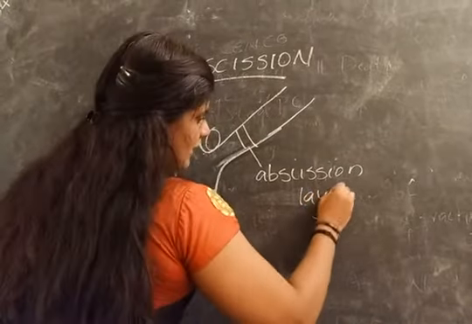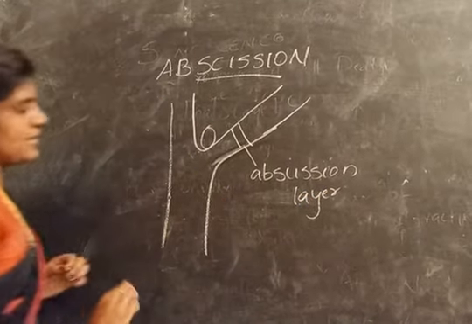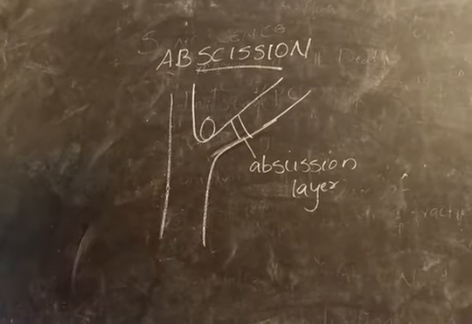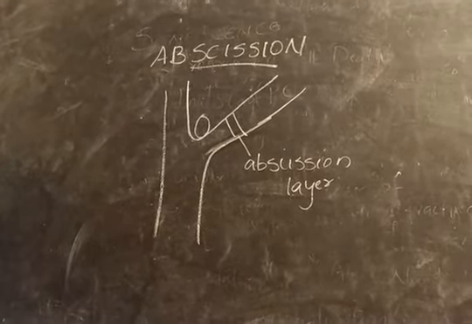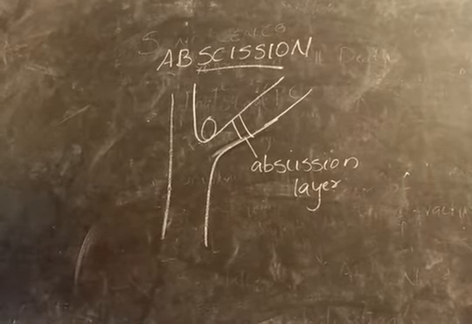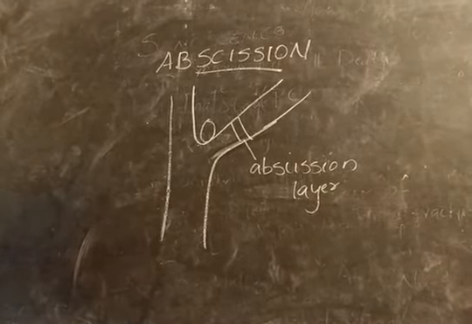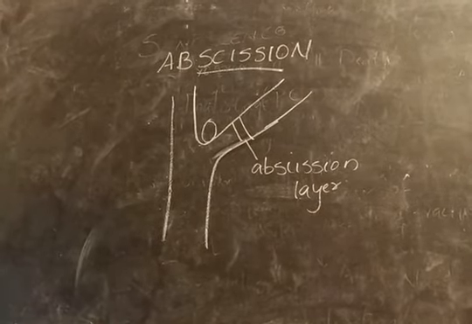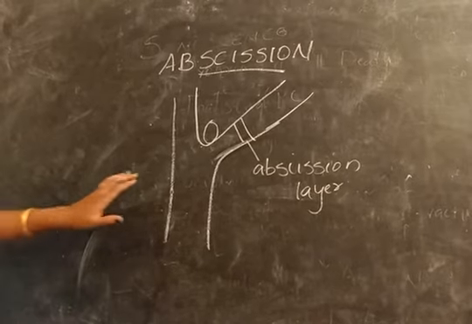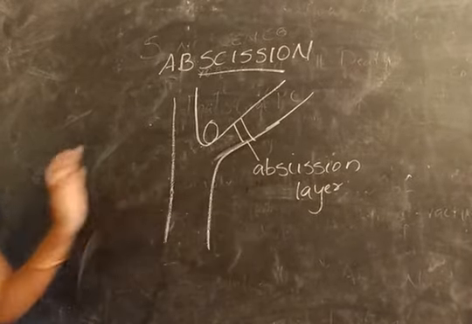The abscission layer is greenish gray in color, and it is formed of a row of thin-walled cells arranged transversely, 2 to 15 cells thick. So this is the abscission layer.